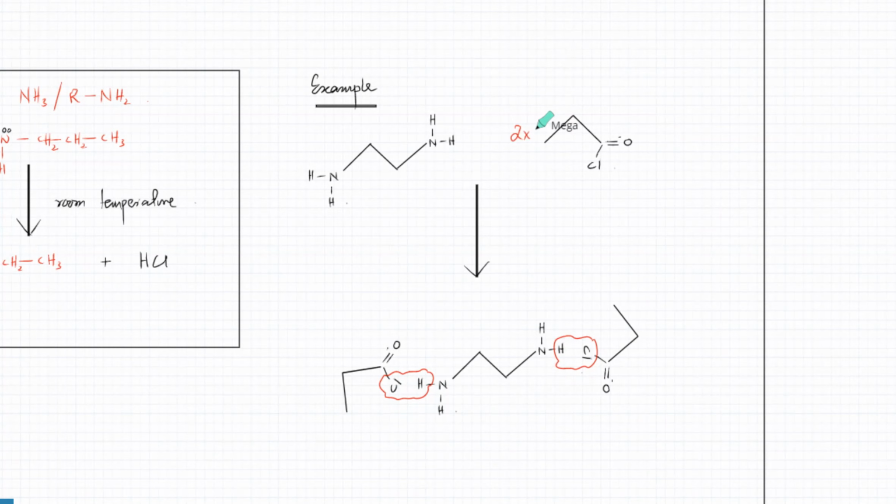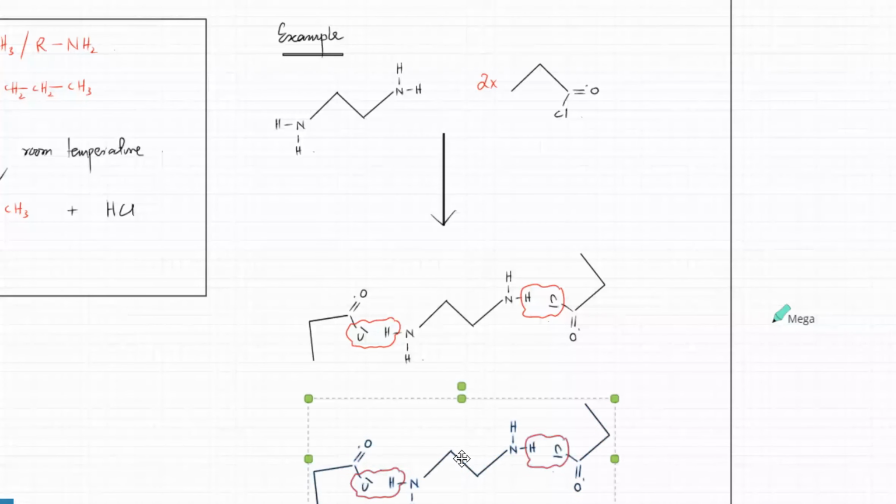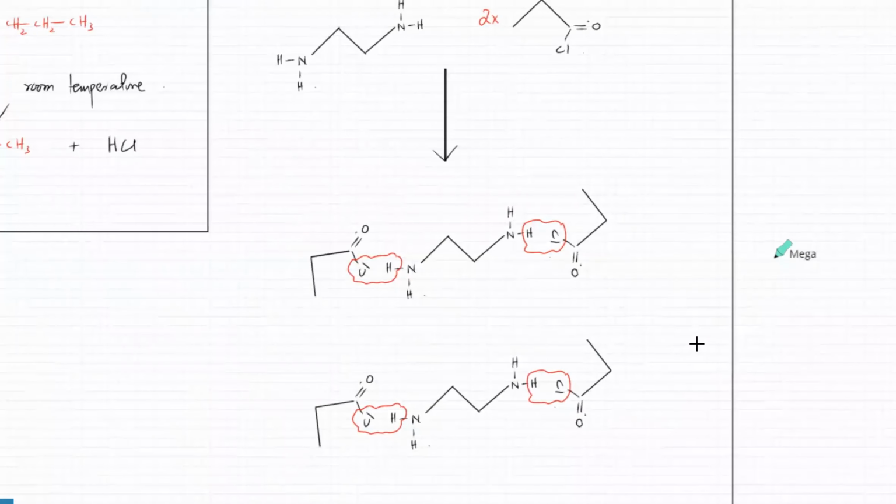And then we have the reaction. I'm going to draw the product. The product would look like this. All you have to do is just remove the byproduct that's going to be formed. So I'm just going to remove the H and the Cl from the middle.